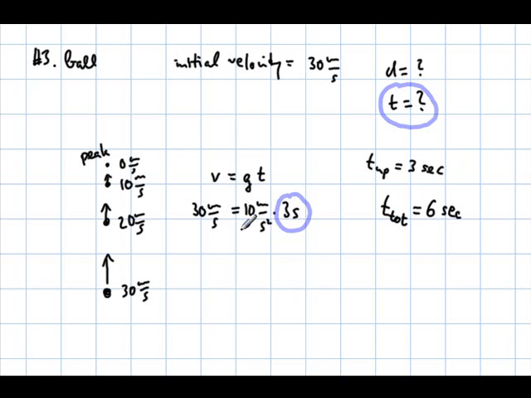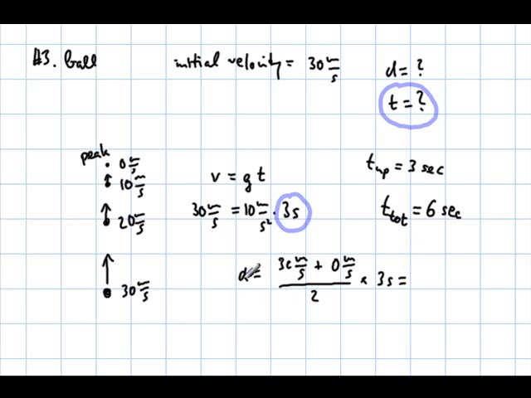Now that we have the time, we can figure out the distance, and actually that can be determined in several ways. One of the equations says that you take the initial velocity, 30 meters per second, you add the final velocity at the peak, 0 meters per second, you divide by 2, and this is in a footnote, this equation, times the time that it takes, which is 3 seconds.